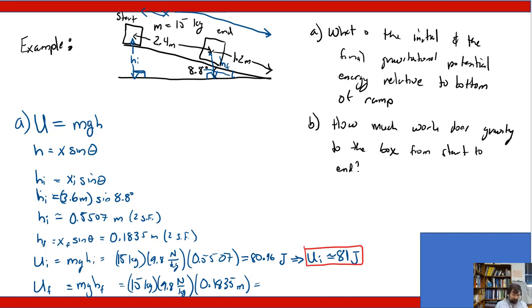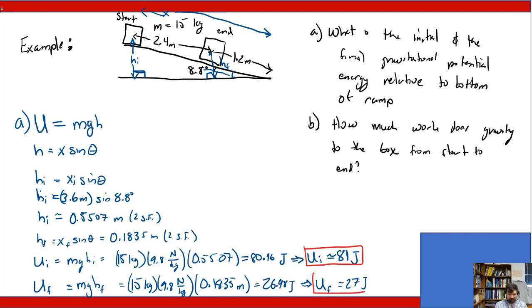And that gives you 26.98 joules. 2 significant figures per this. So U final is about 27 joules.